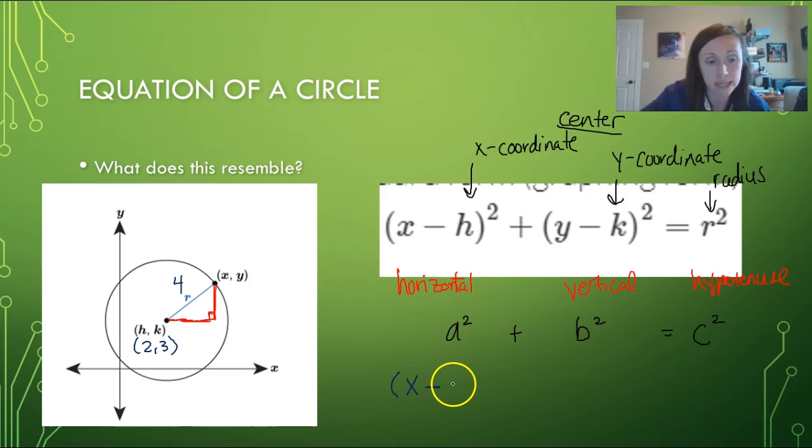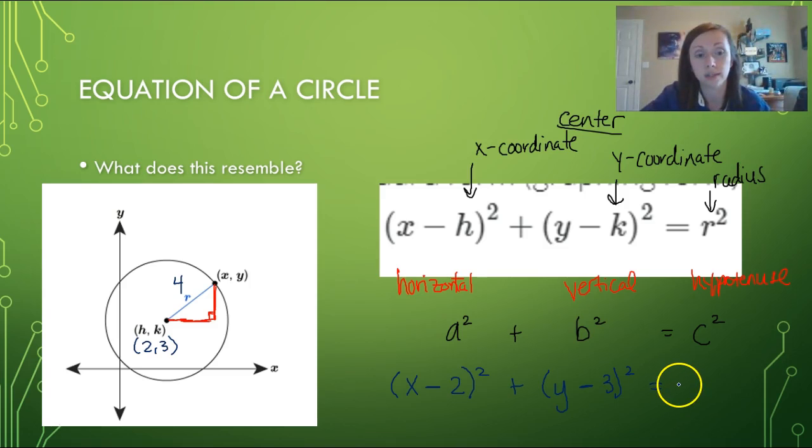In the problem I decided that h was going to be 2, so plug in a 2, squared, plus, open your parenthesis, y minus, the k over there to the left is a 3, squared, equals the radius squared, 4 squared, which is 16. So there is the equation for that circle.